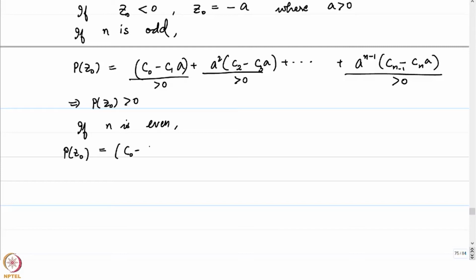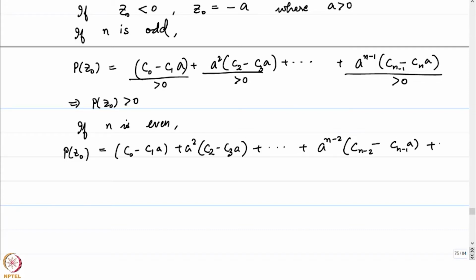It will be c0 minus c1 a plus a square times (c2 minus c3 a) plus a to the power n minus 2 into (c n minus 2 minus c n minus 1 times a), and there will be finally one extra term, which is the last term, a to the power n times c n.